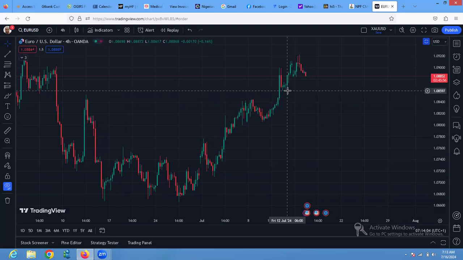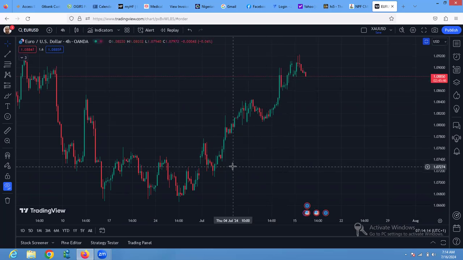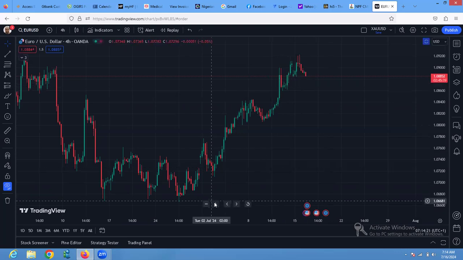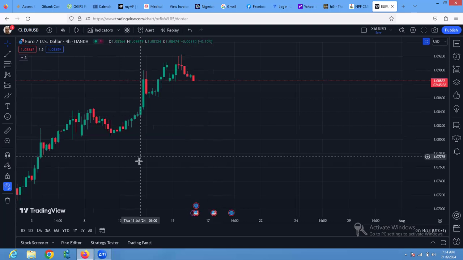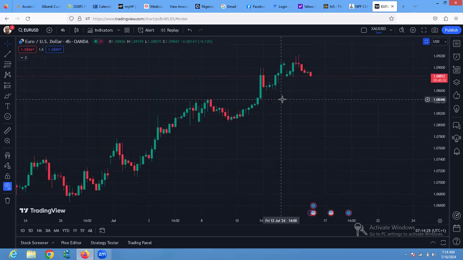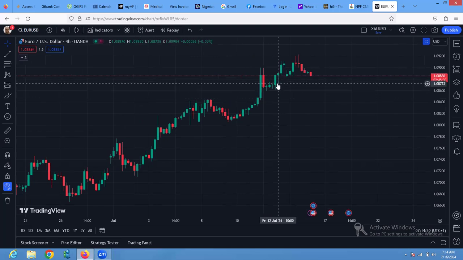It's only when we break this level of support here that we begin to entertain that we are doing a bigger correction of the old wave. For now, this is the area of the 4-hour doji that price should not break, this area of 1.0732 or thereabout.